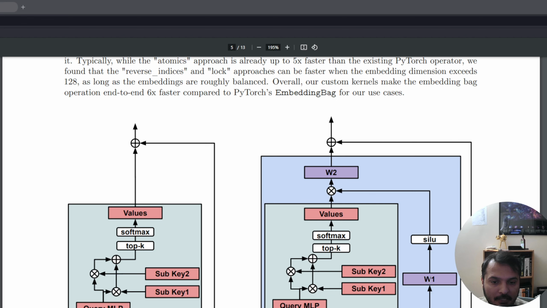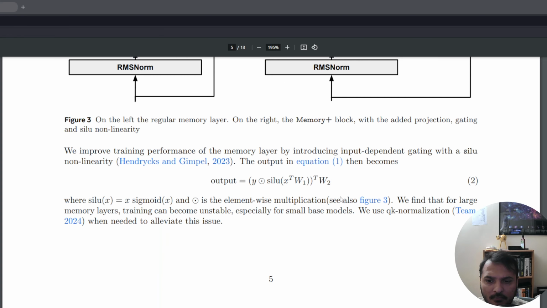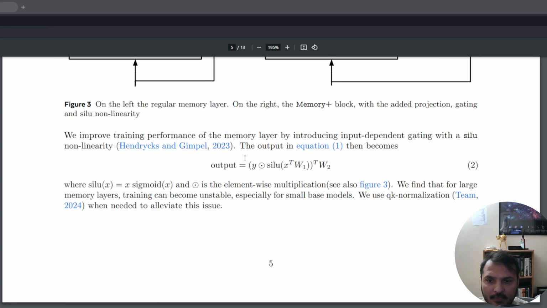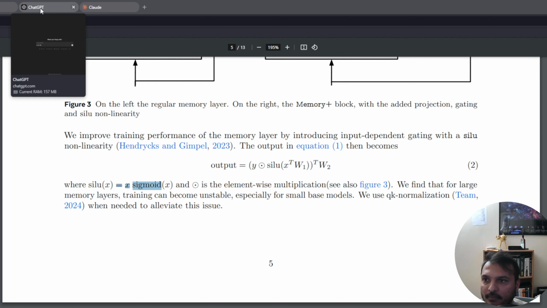You have a weight matrix, you have the SiLU activation, and then you have the other one. So forget this Y thing. You have SiLU acting on X transpose W1, and then you multiply that by W2, where SiLU is just X times sigmoid, and so on.